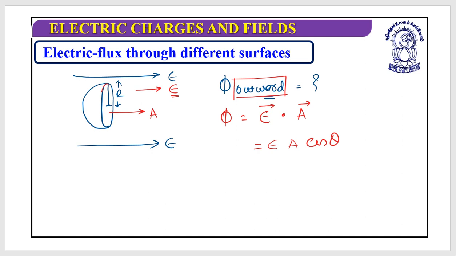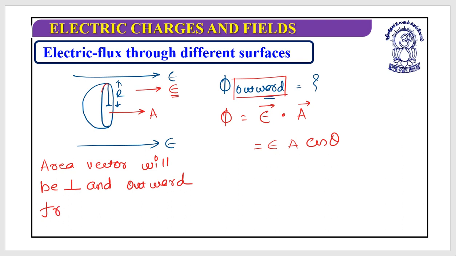Remember, we said that the area vector will be perpendicular and outward from the surface. So if I write outward from the surface, this would be the area vector.